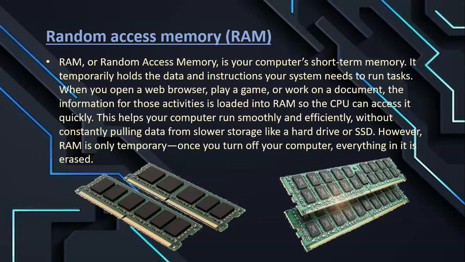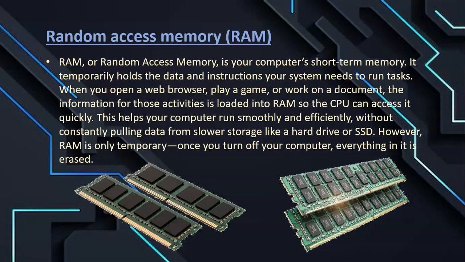Random access memory, also known as RAM. RAM, or random access memory, is a computer's short-term memory. It temporarily holds data and instructions your system needs to run tasks. When you open a web browser, play a game, or work on a document, the information for those activities is loaded into RAM so the CPU can access it quickly.